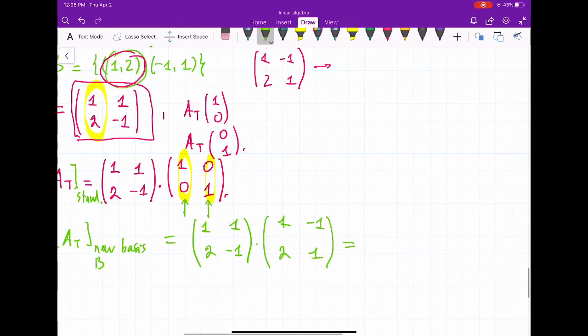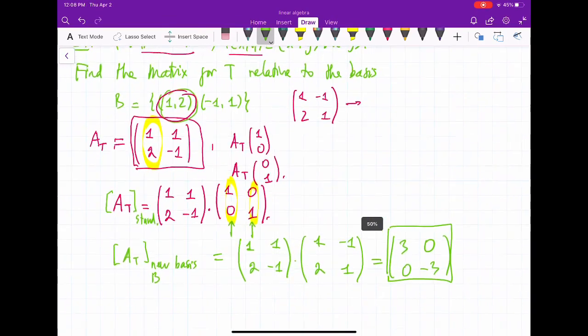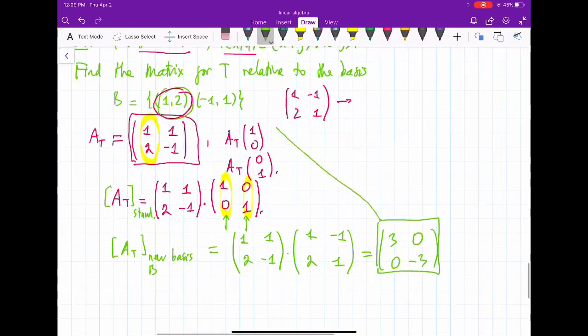So that gives you 3, 0, 0, and negative 3. Make sense? And this is the matrix for T in the basis B.